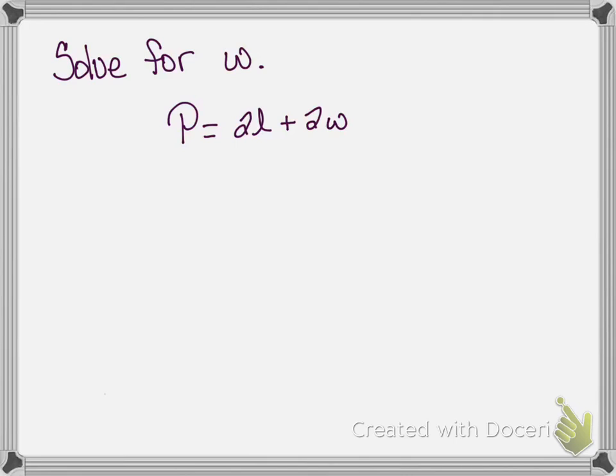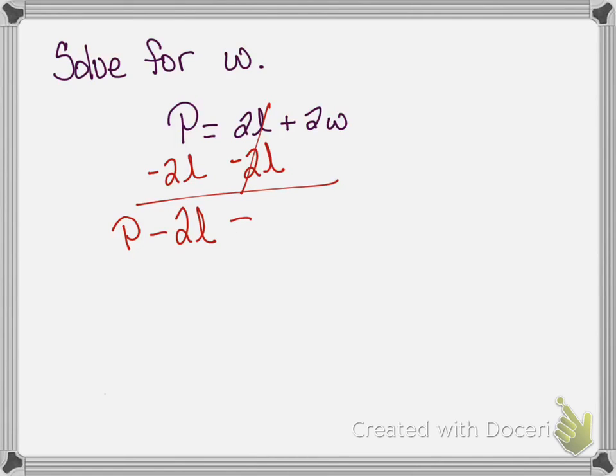So the first thing that I'm going to do is I'm working towards getting that W by itself. So I need to get rid of the 2L. So what I'm going to do is I'm going to subtract 2L from both sides. So I'm going to have P minus 2L. I can't combine P and negative 2L.